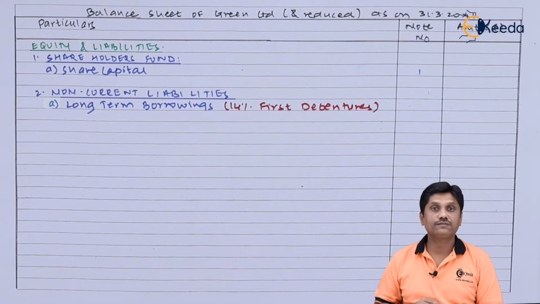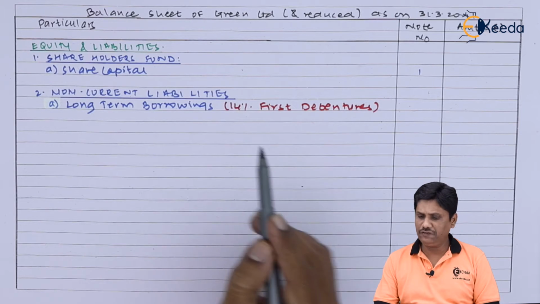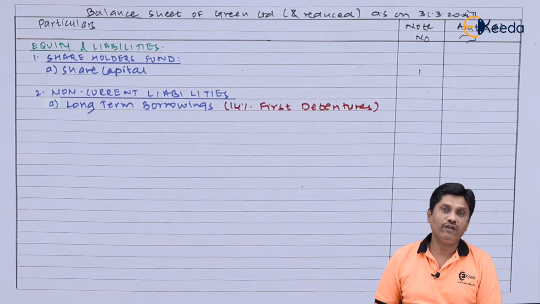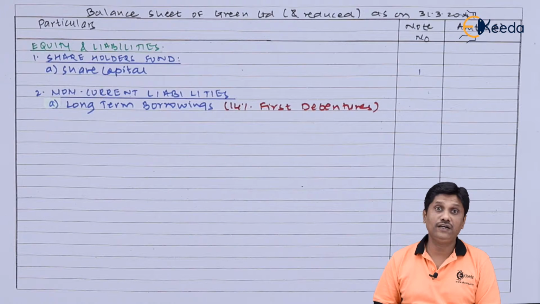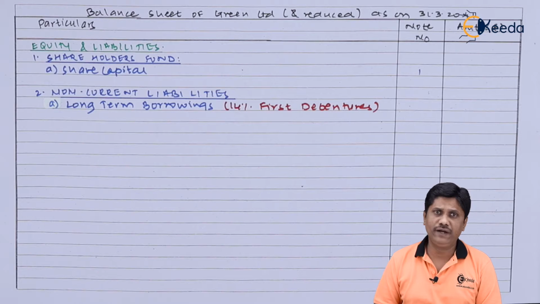You can notice in our second heading there is long-term borrowing. There is only one item to write here, 14% first debenture. Sir, what will happen about our original debentures? They are already held by X and Y, and for which settlement has been done.